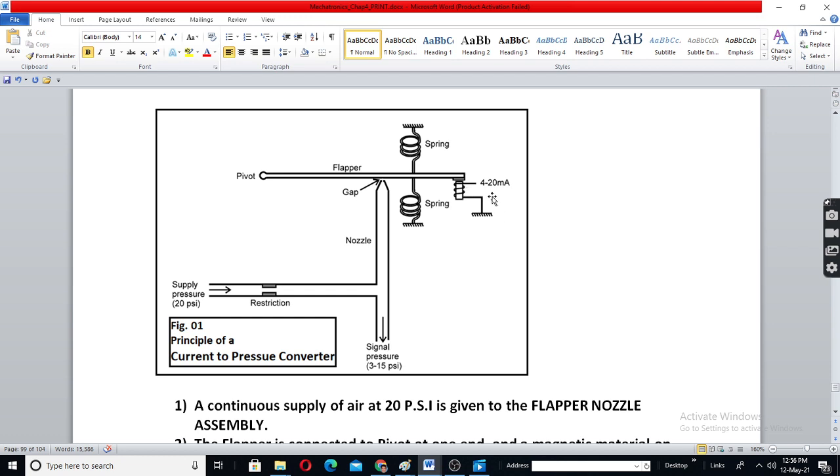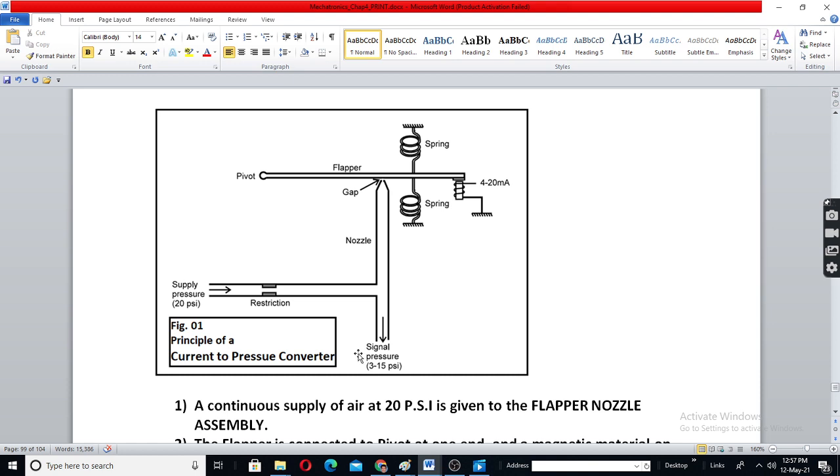Suppose for a 4 milliampere current you get 3 pounds per square inch. For 7 milliampere you get, say, 5 pounds per square inch. Or in other words, for a 10% increment in current you get a 10% increment in pressure here.